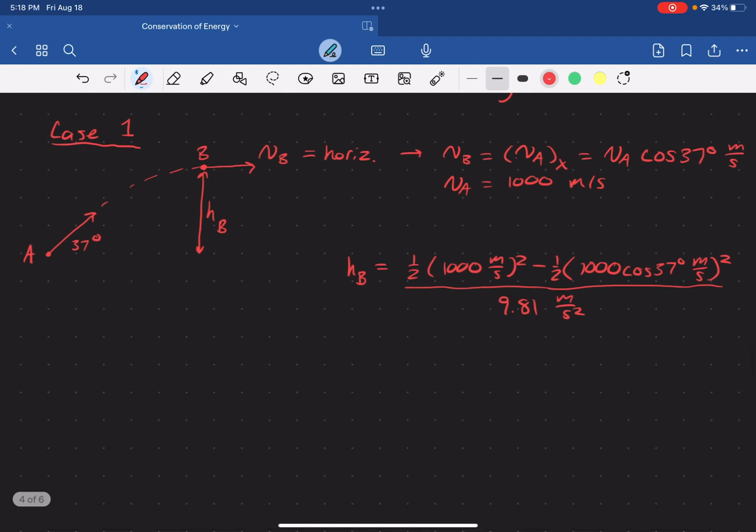So for our units we've got meters squared per second squared divided by meters per second squared.